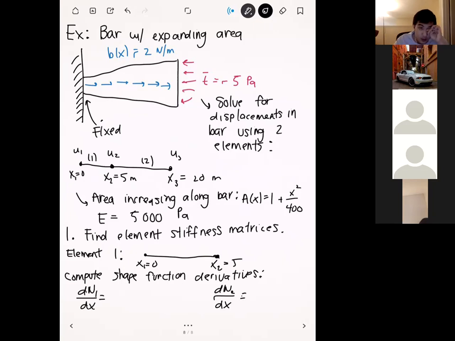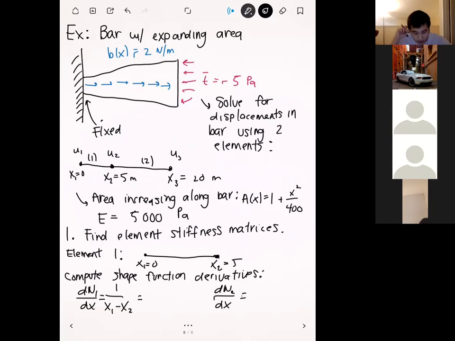Luckily for us, because we assume our shape functions are linear, these derivatives are just going to be constant functions. dN1/dx here is just going to be 1 divided by x1 minus x2. I think we showed this somewhat early on in the lecture on Tuesday, but if you look back in the notes, you'll see that this is the case.